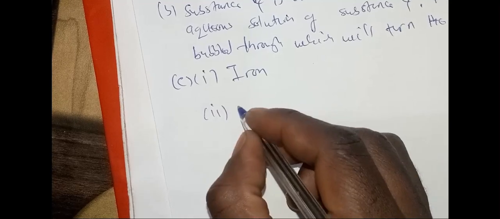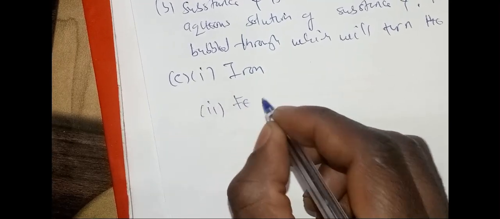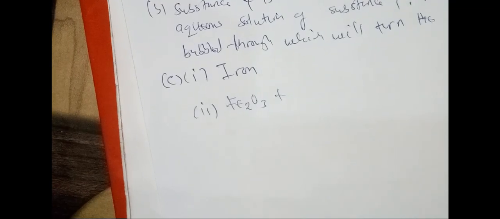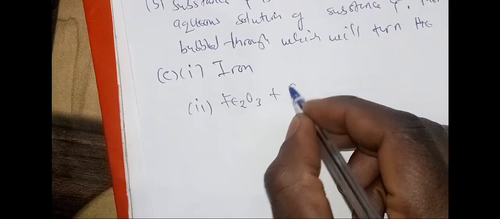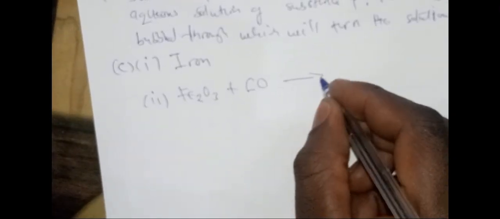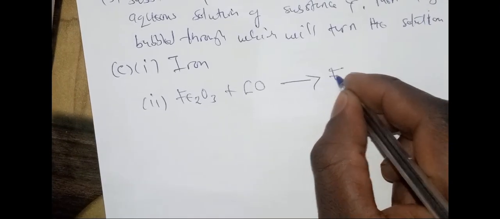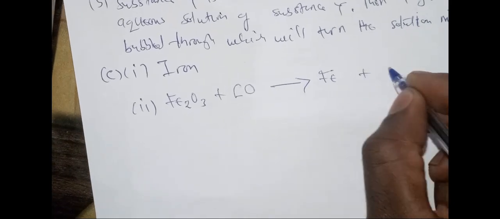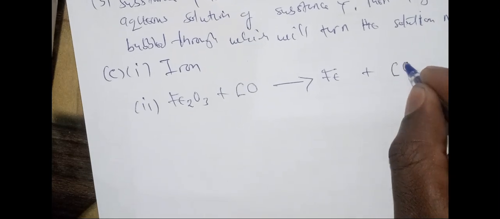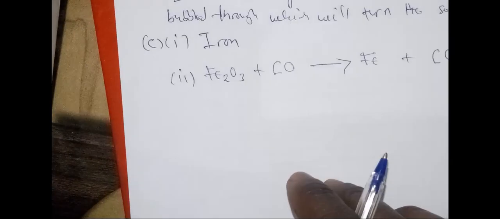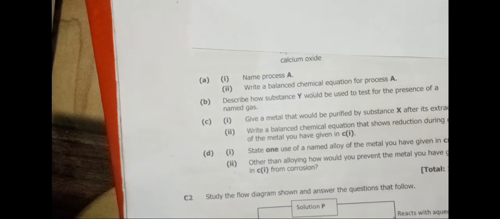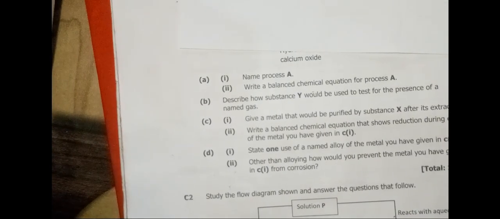The formula for iron(III) oxide is Fe2O3, plus, and then the reducing agent in this extraction is carbon monoxide, which is CO. Then it will produce iron metal, which is Fe, plus carbon dioxide.